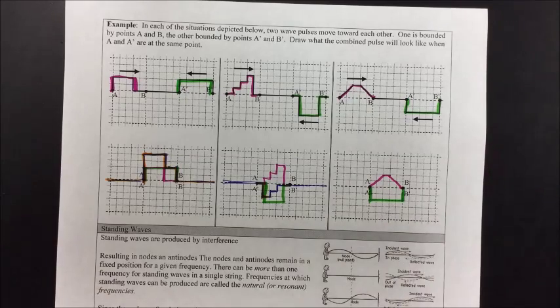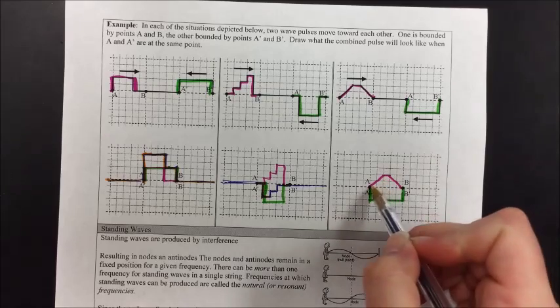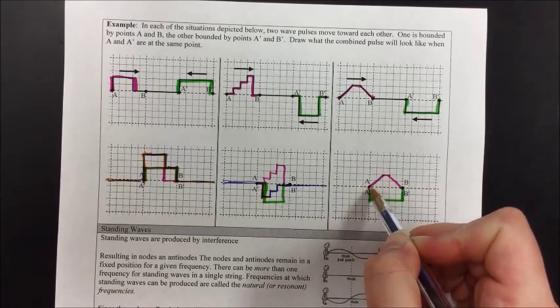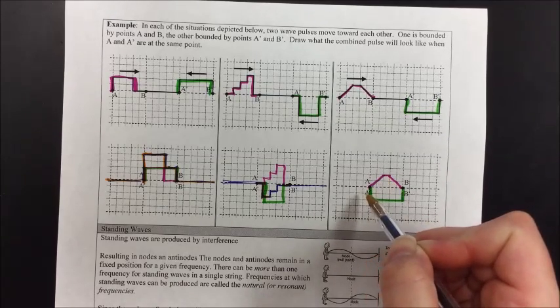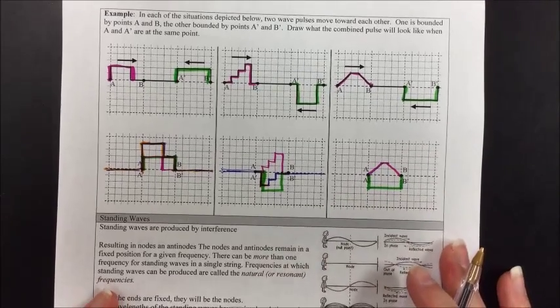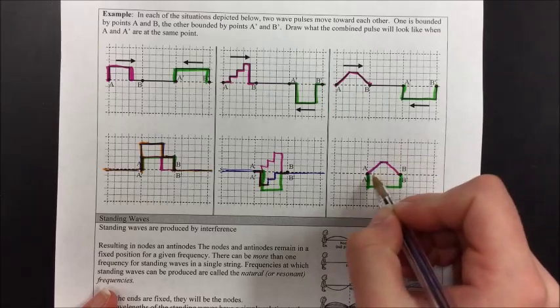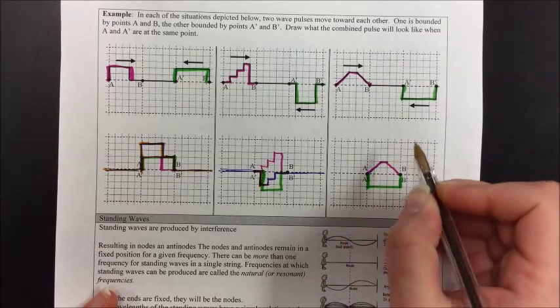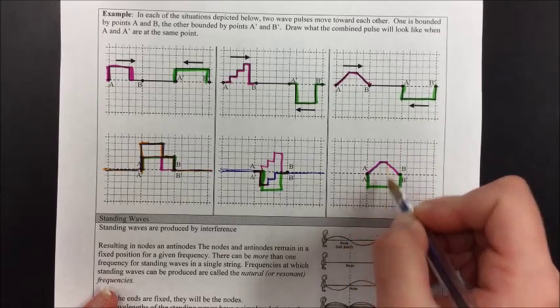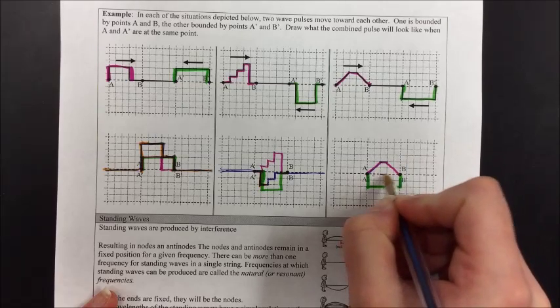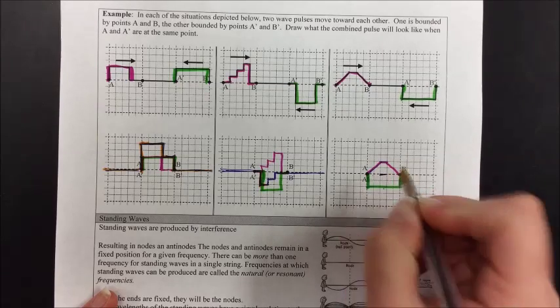Now on this one, I would suggest not worrying about the triangular part so much or the slanted part so much. I would worry more about how this is going to work because this is going to add together. And you'll just have to do the diagonals. So this is 2 and this is 2, so those are going to cancel out to make 0.